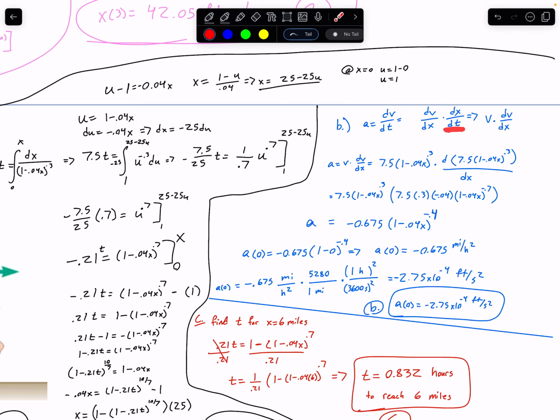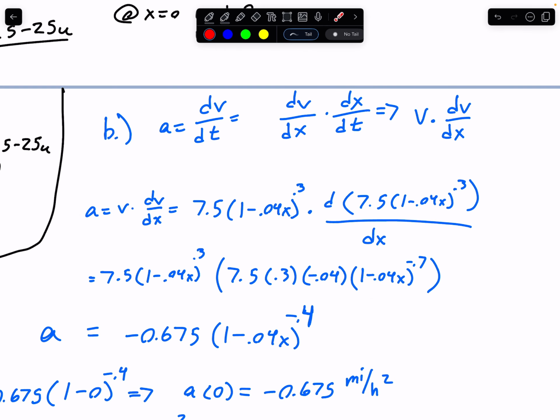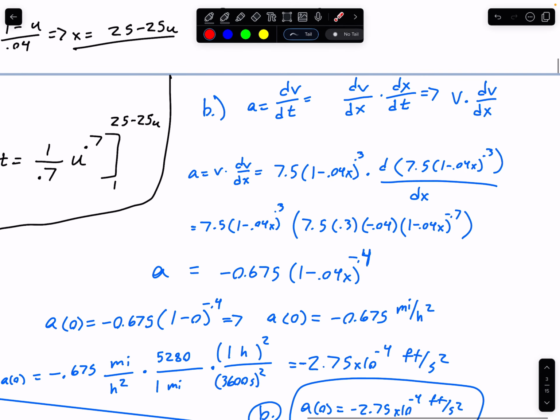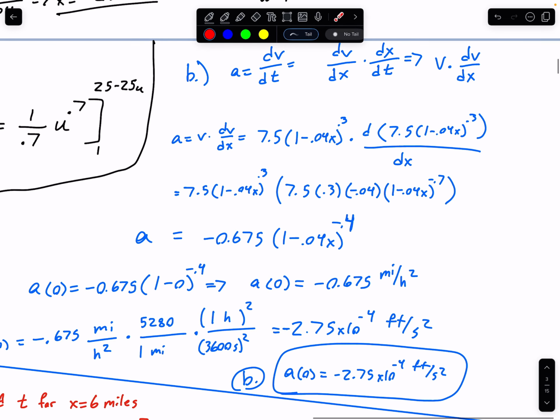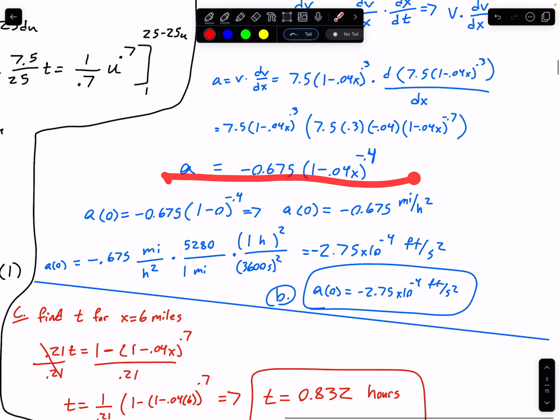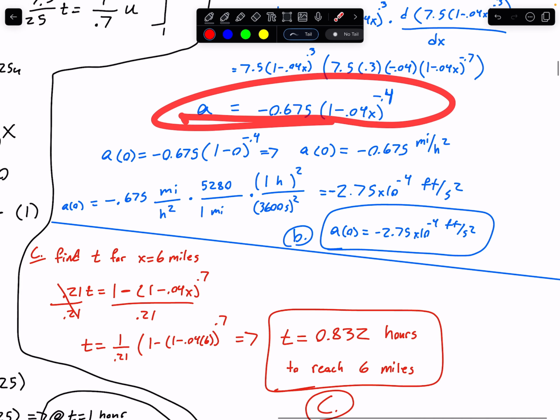We don't have t, but we do know that dx over dt is equal to v, and so we can take the derivative of v with respect to x, and that will balance it out. Right. And so here we have v, and then we take the derivative of this equation and then multiply it all together. So here's the derivative of v, and this is what we get for our acceleration equation.